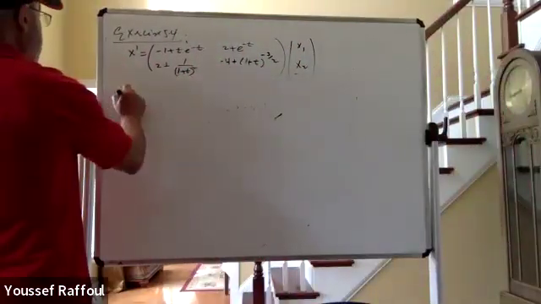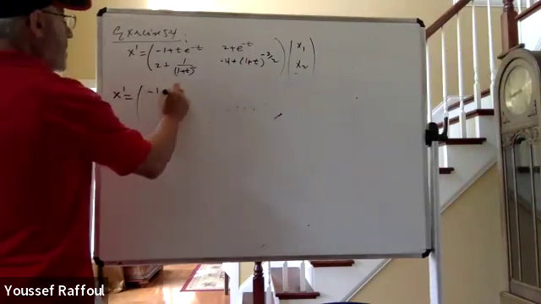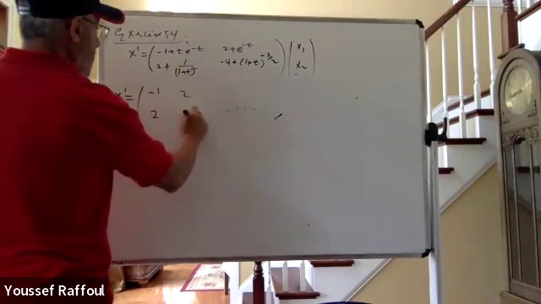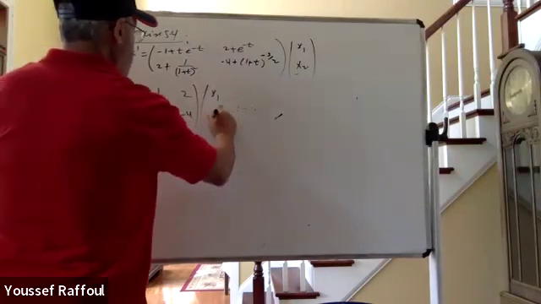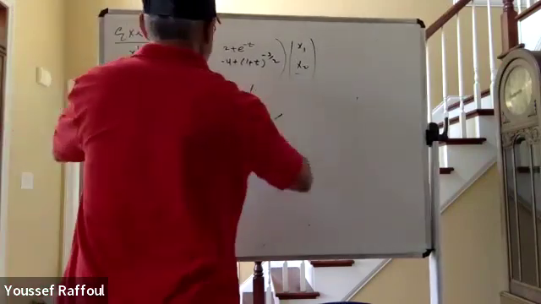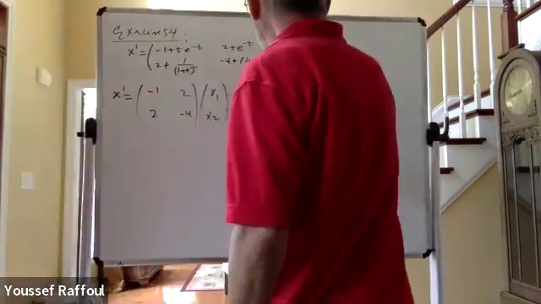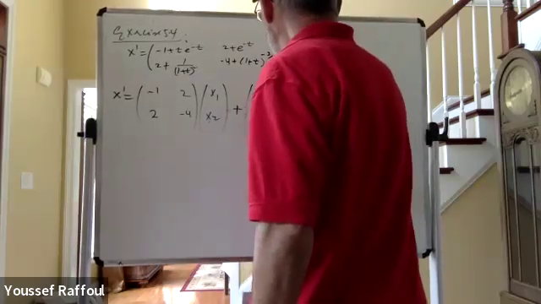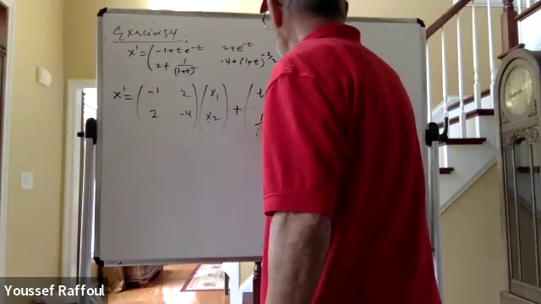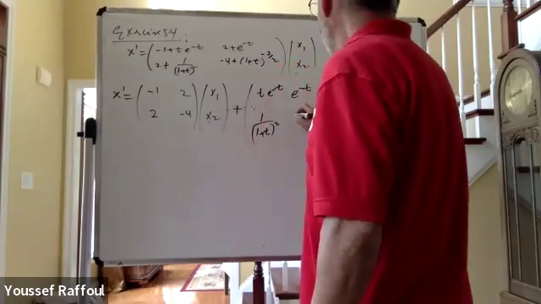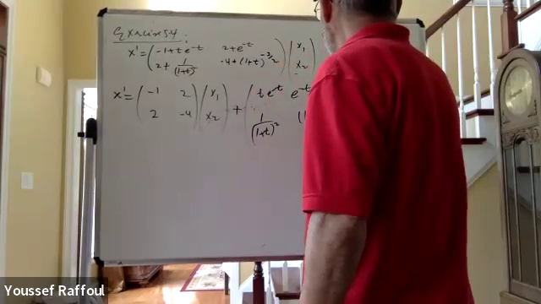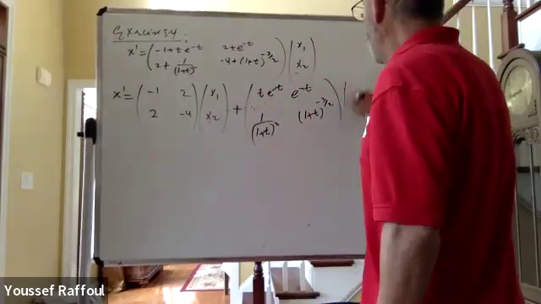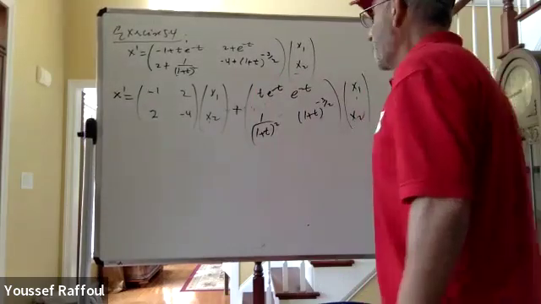So I'm going to write this x prime equal to [minus 1, 2; 2, minus 4] times [x1, x2], plus [t e to the minus t, e to the minus t; 1 over 1 plus t squared, 1 plus t minus 3.5] times [x1, x2].